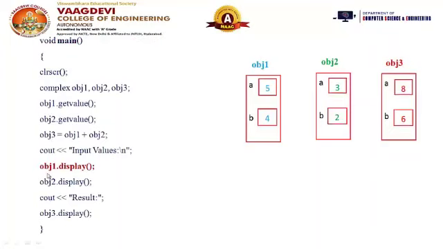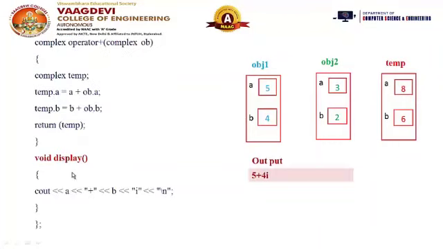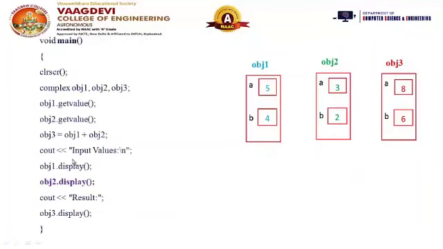In the next statement, by using the first object, it calls the display function and the control goes to the display function. By using the cout statement, it prints the value 5 plus 4i on the monitor. Again, after executing this method, the control returns back to the main function.